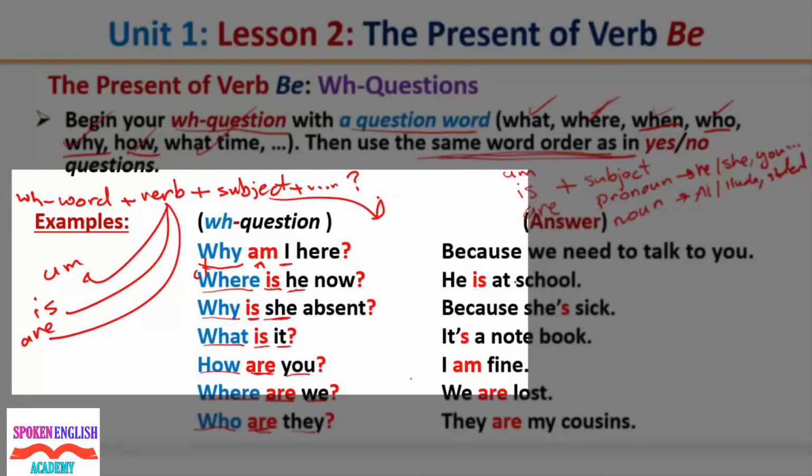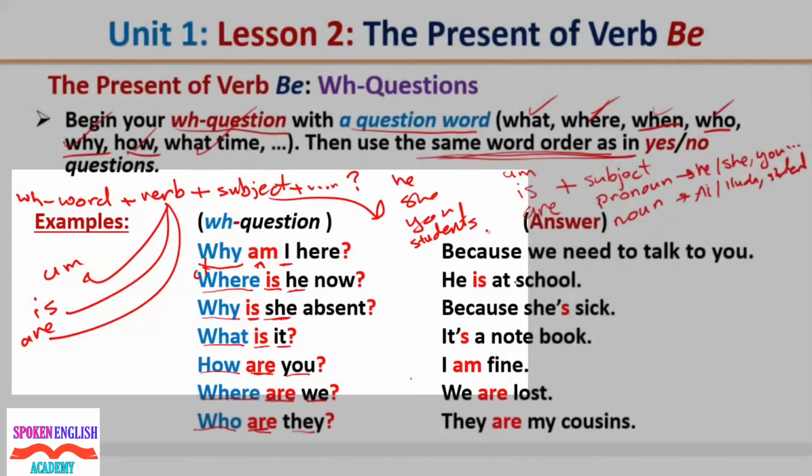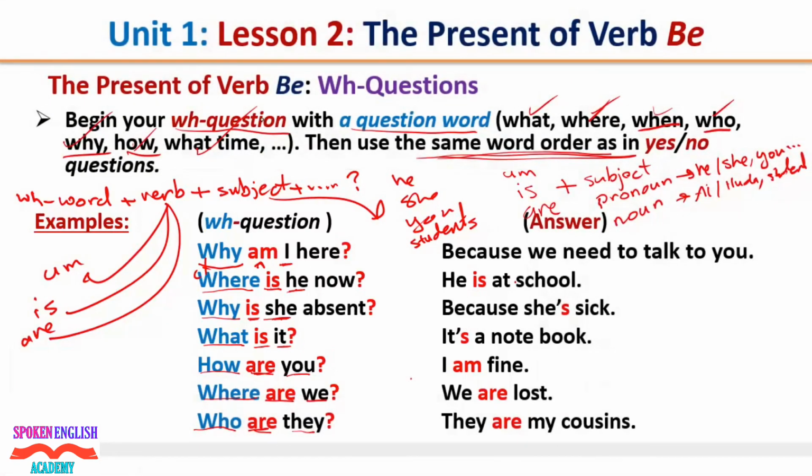The subject could be he, she, you, or a noun, students, etc. So pay attention to the word order in questions. In yes no questions, we start with the verb plus the subject. Then complete your questions. In WH questions, we start with the WH word plus the verb plus the subject, then complete your questions.